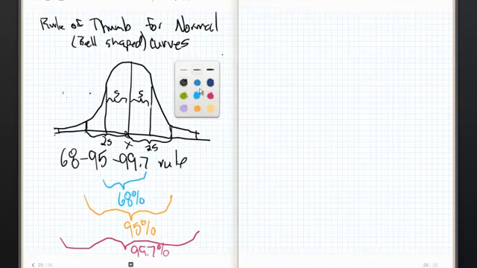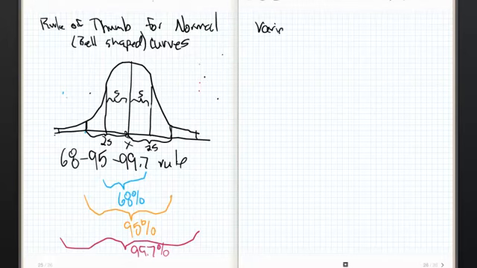Okay? Now, let me give you a little bit of vocab, and then we'll have a little more fun with standard deviations here in just a sec. I'll give you a crazy term called Chebyshev's theorem. There's something called variance, which should be easy to remember because it comes from variation. And it's actually really simple to define. It's simply the square of the standard deviation. That's all it is.